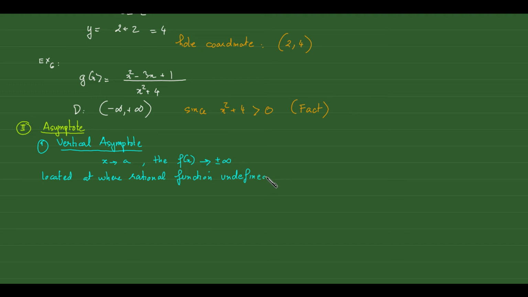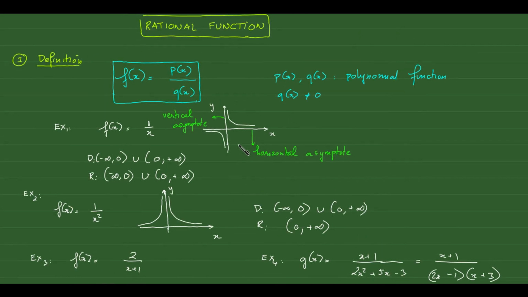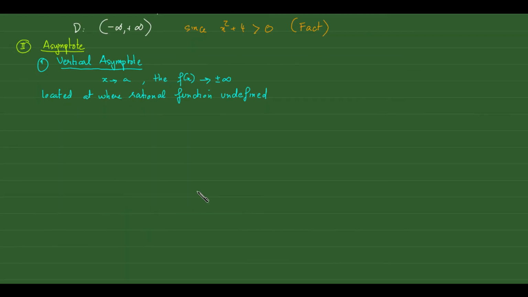Now let's go back to one of the basic rational functions right over here. The rational function over here is not defined at 0. So the vertical asymptote is right there, x equals 0. In some cases, if the function is defined everywhere, then we don't have any vertical asymptote. Now, how are we going to find vertical asymptote?